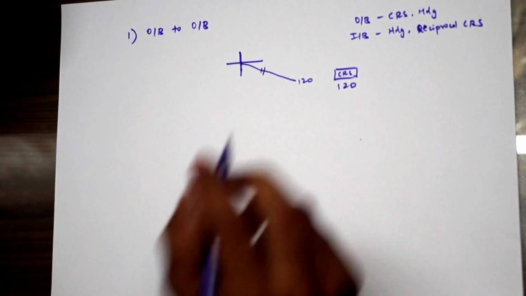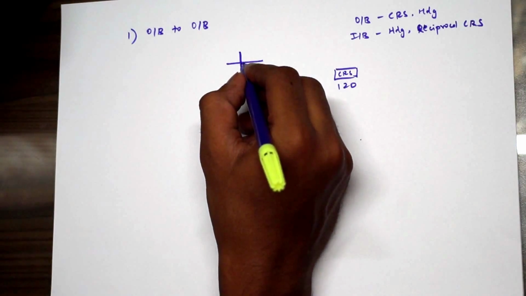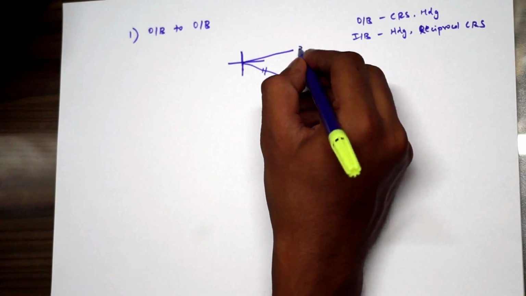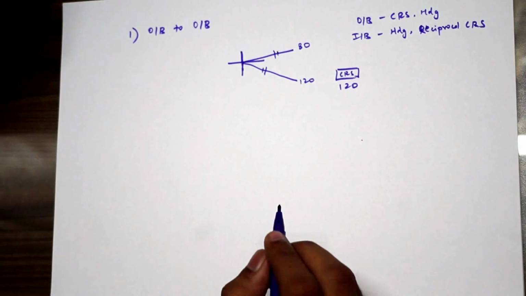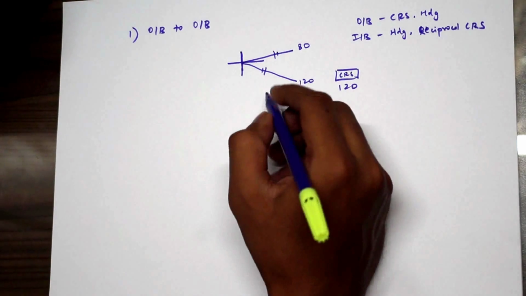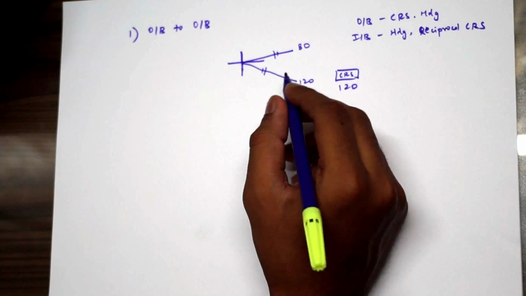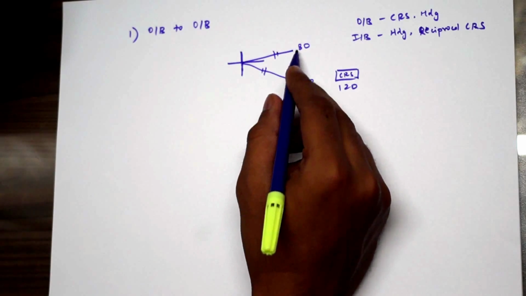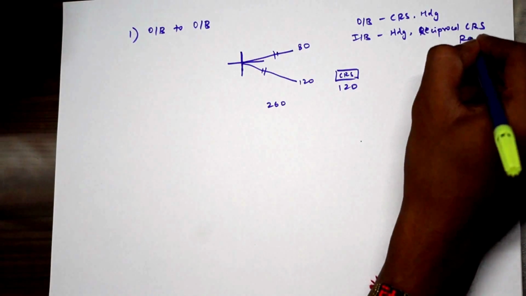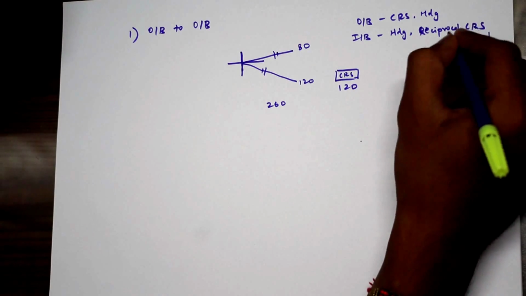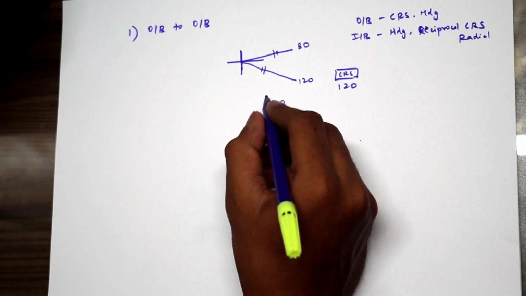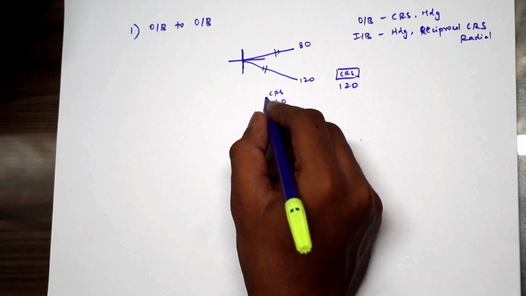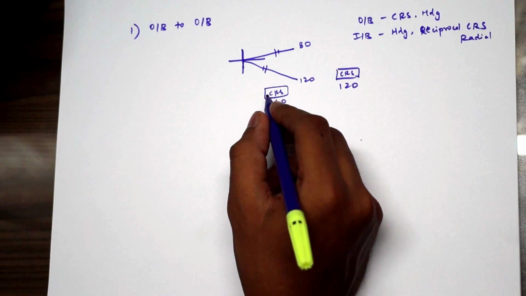Is that clear? When you're going inbound, say on 080, your heading will be 260 and your course will be set as the reciprocal radial. The reciprocal of 080 is 260, so the course window will have 260 and your heading also will be 260.